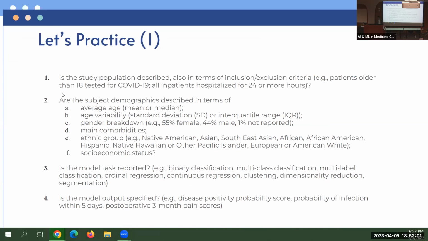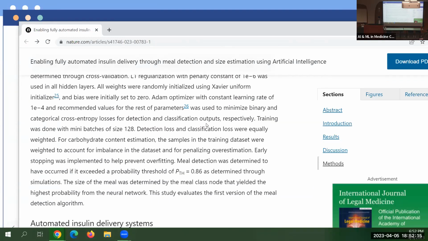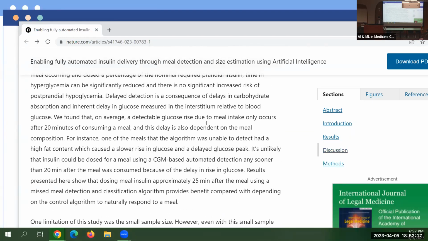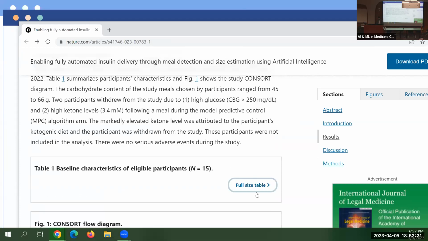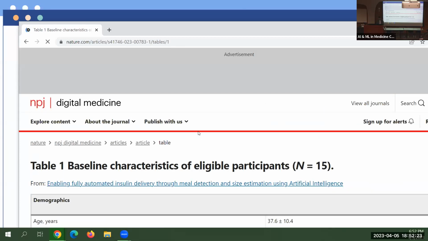So are the subject demographics described in terms of average age, age variability, gender breakdown, ethnic group, and socioeconomic status? Not to that detail, right? I think this is the table that I opened initially. This one right here.